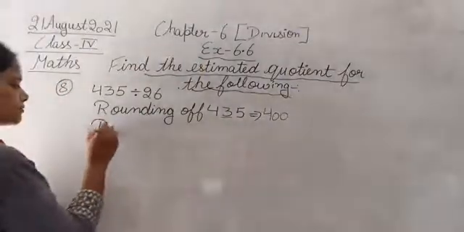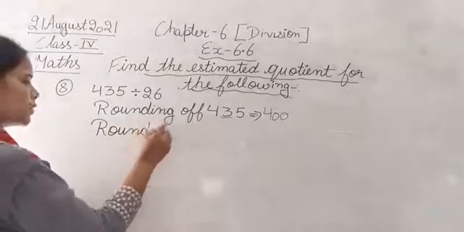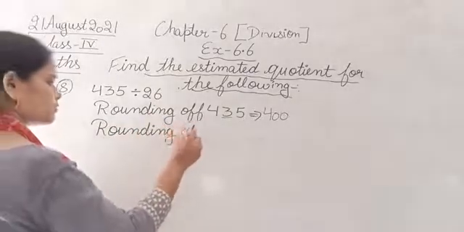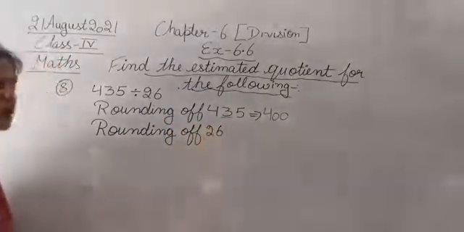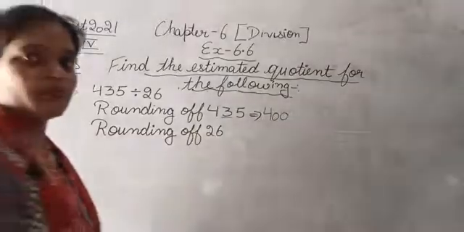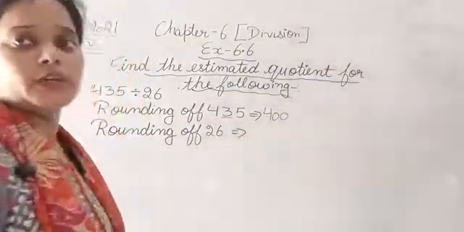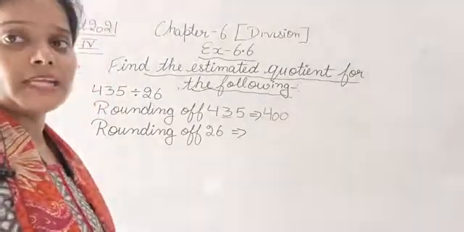Next, let's round off 26. 26 is a 2-digit number, so the highest place value is tens. That means we are going to round it off to the nearest tens.